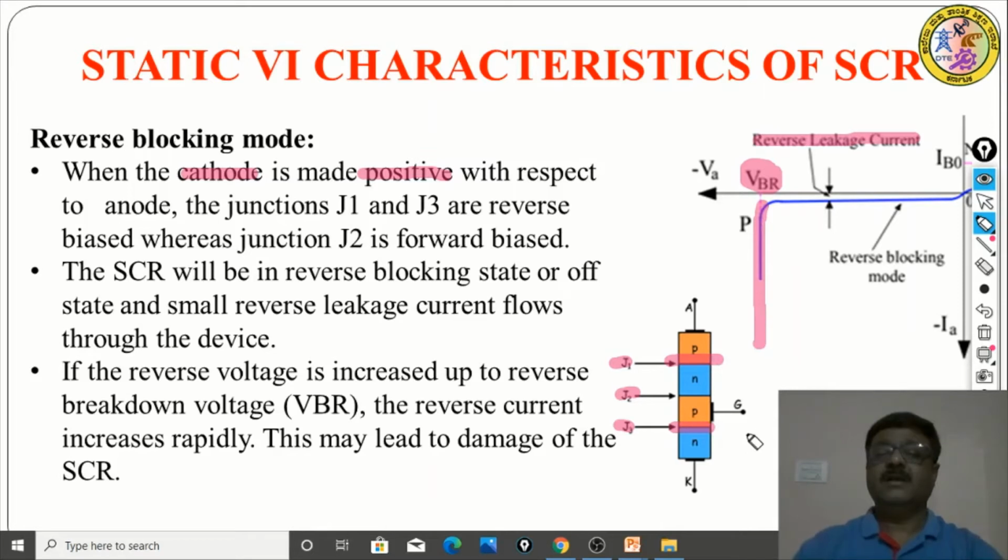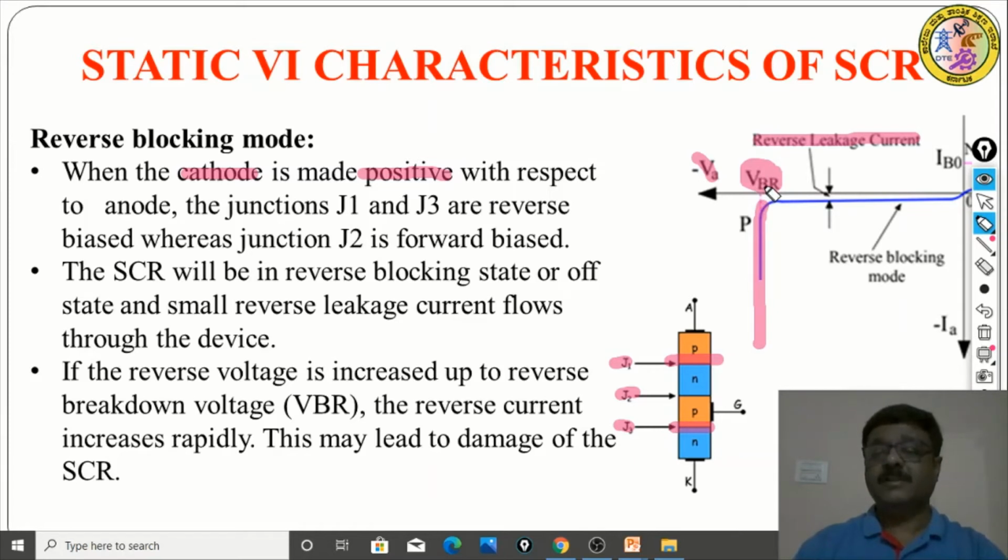When the reverse voltage, minus VA, is increased more than VBR, the SCR starts conducting in the reverse direction. In that case, the reverse biased junctions J1 and J3 break, so the device will be damaged permanently. So we should not allow the reverse voltage to increase above the reverse breakover voltage.